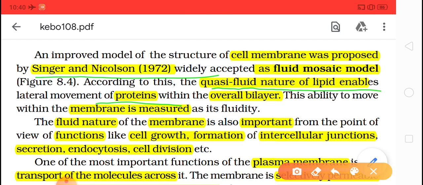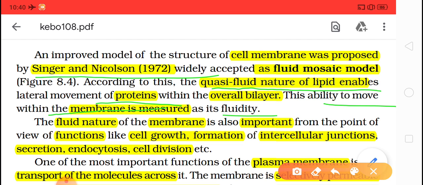We can say that the ability to move within the membrane is measured as its fluidity. Basically, if fluid is there, then the protein can move.